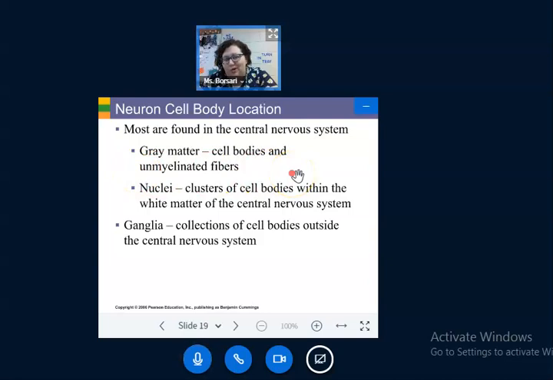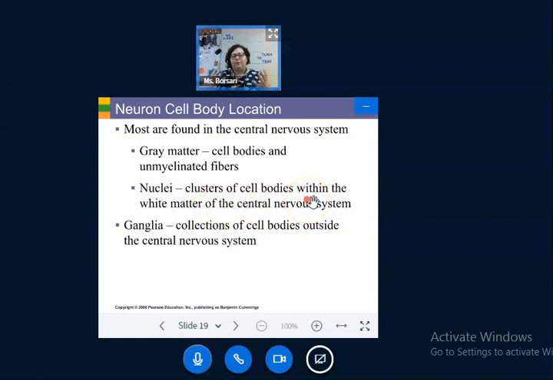Okay, that means they don't have the wrapping. The gray matter is found in the cerebrum, and also the nuclei. That happens where we have the white matter of the central nervous system.